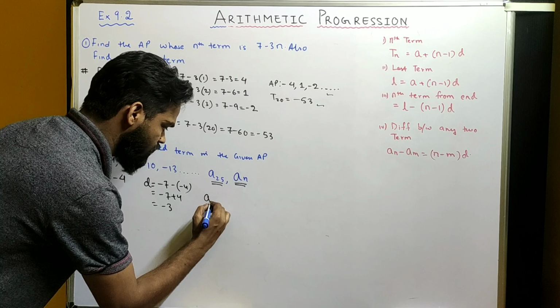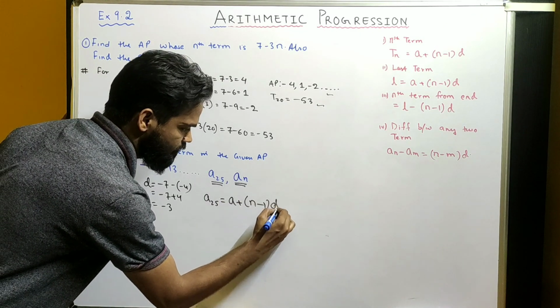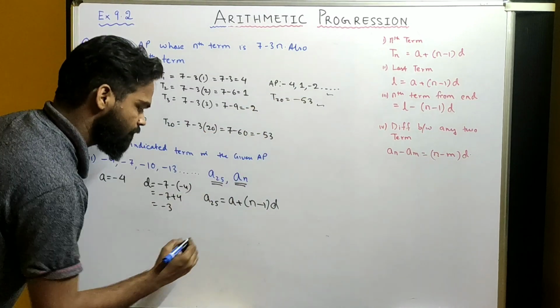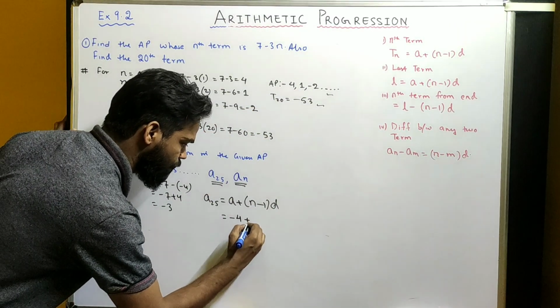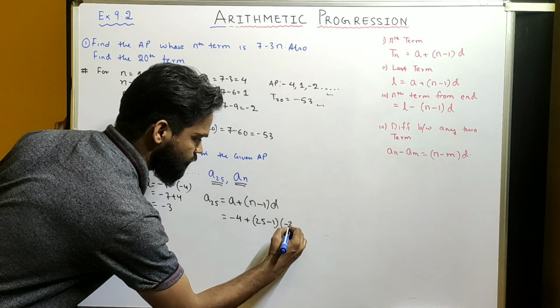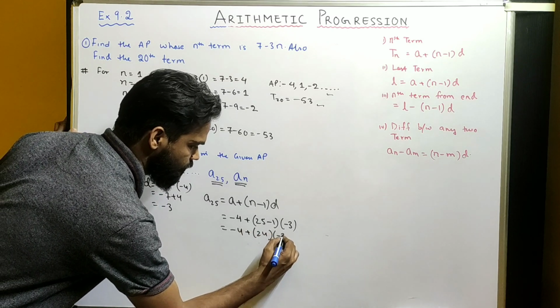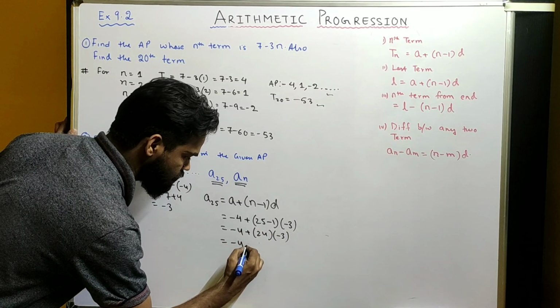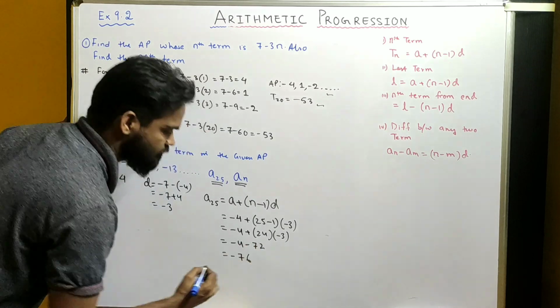So your a25 will be a plus n minus 1 d. We know this, okay? So your a25, your a is minus 4 plus 25 minus 1 into minus 3, that's minus 4 plus 24 multiplied by minus 3, that's minus 4 minus 72, that's minus 76.